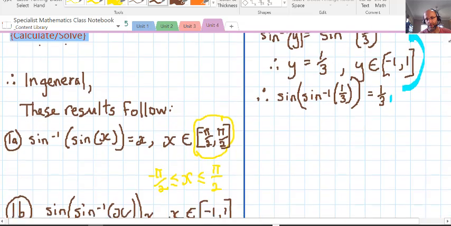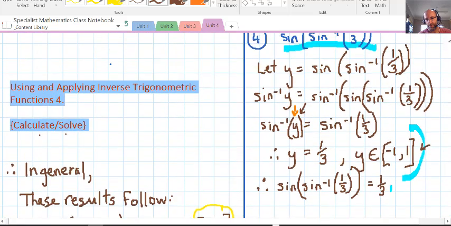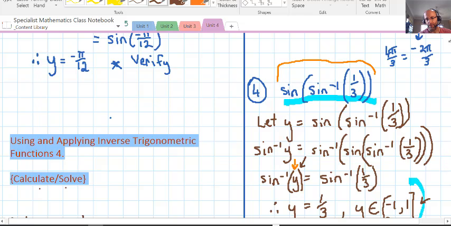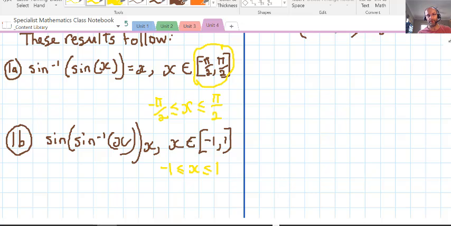Okay, and you can see question 4 was an example of that, and you can see it's sine of inverse sine. So we have 1b, and it doesn't matter which notation you use there for the restriction.